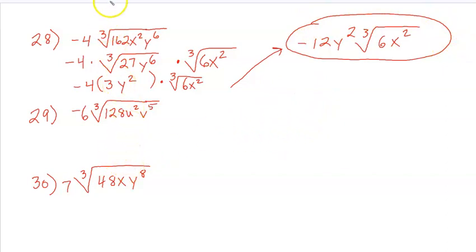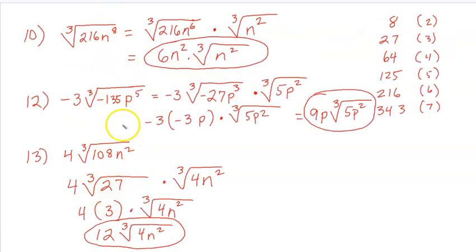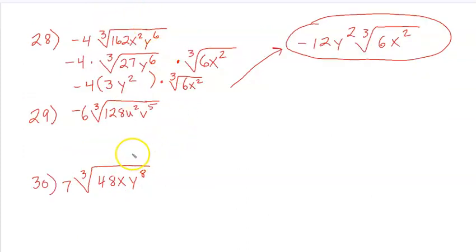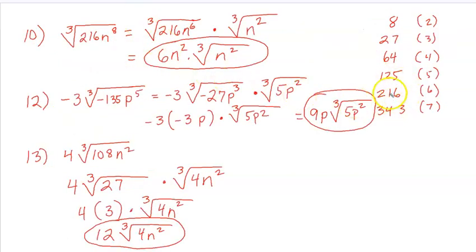And then we dealt with this earlier. I thought we had 128 already, but I guess we didn't. So let's see, 128 is not in our list. But I noticed that 64 is, and 64 times 2 is 128.